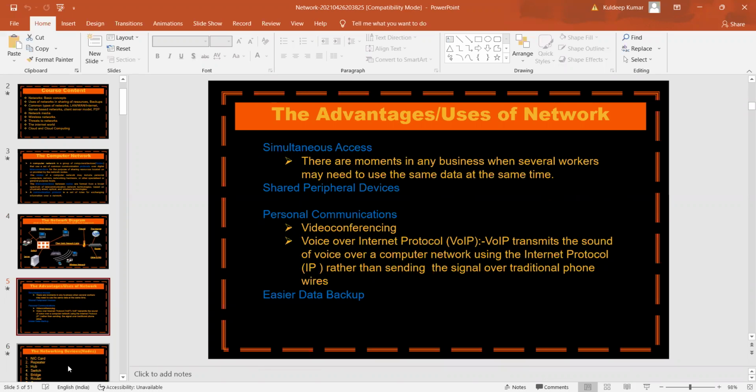And shared peripheral devices, for example, your printer is Wi-Fi connected with your two or three computers. So when you want to take the printout, computer A can take the printout simultaneously, B can, C can. Means you can share peripheral devices, that is printer. One printer is shared by many computers at the same time. This is the advantage of network.